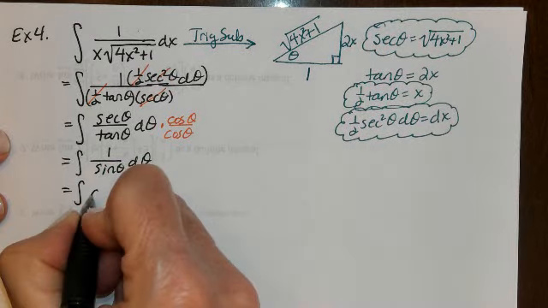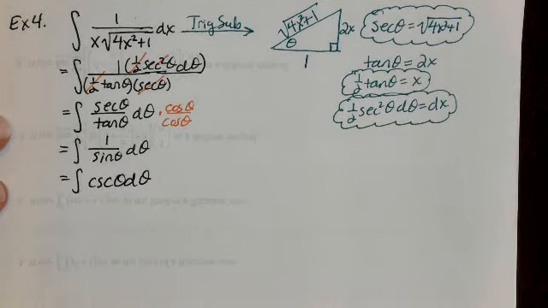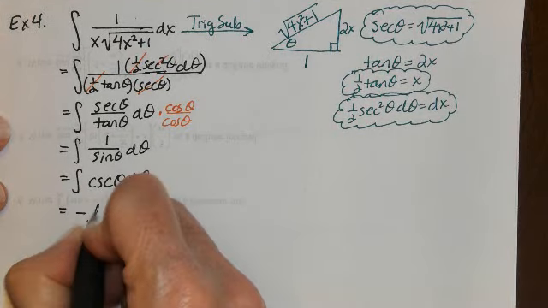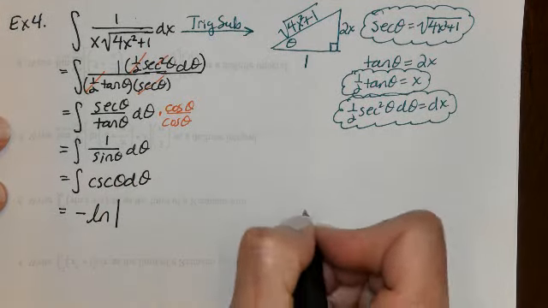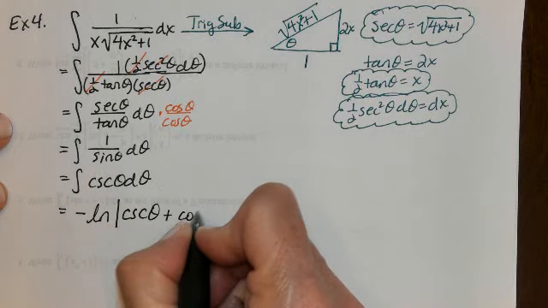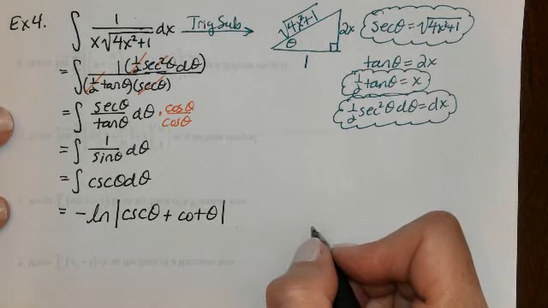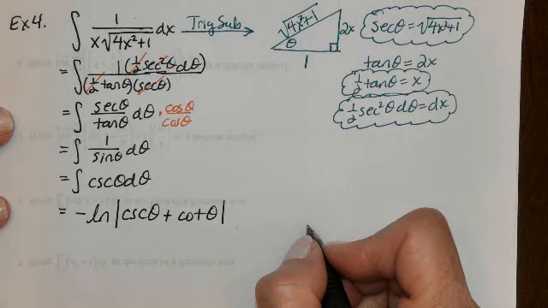Now we just have cosecant theta, and we know the antiderivative of cosecant theta. It is negative natural log absolute value cosecant theta plus cotangent theta. Again, just got to know those.